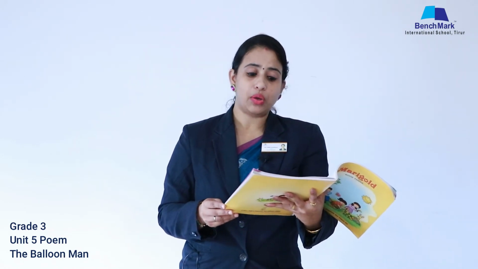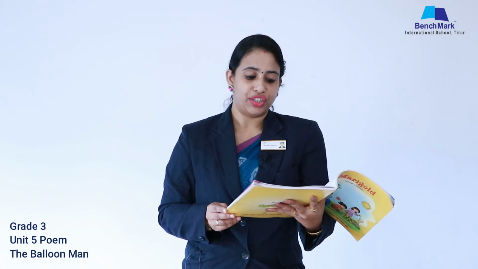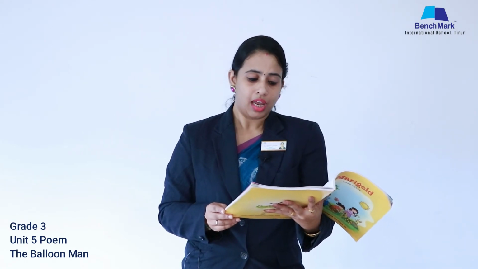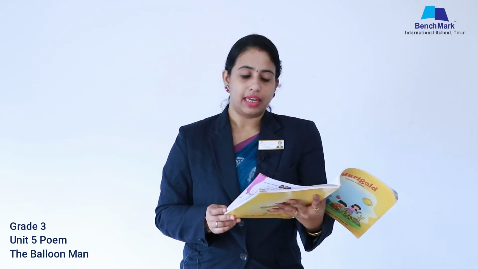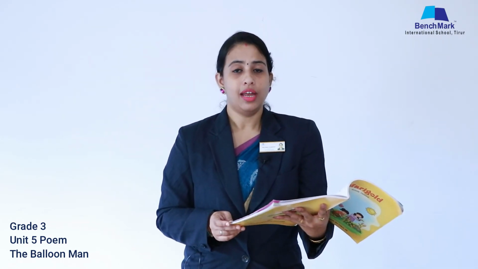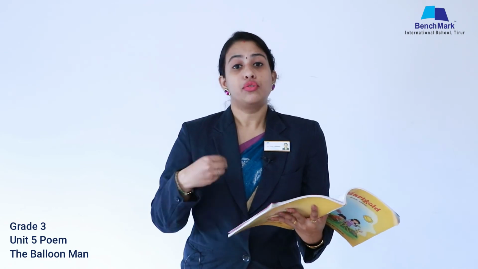Someday perhaps he will let them go, and we shall see them sailing high, and stand and watch them from below. They would look pretty in the sky. So here the poet is telling through the girl in the poem, right?